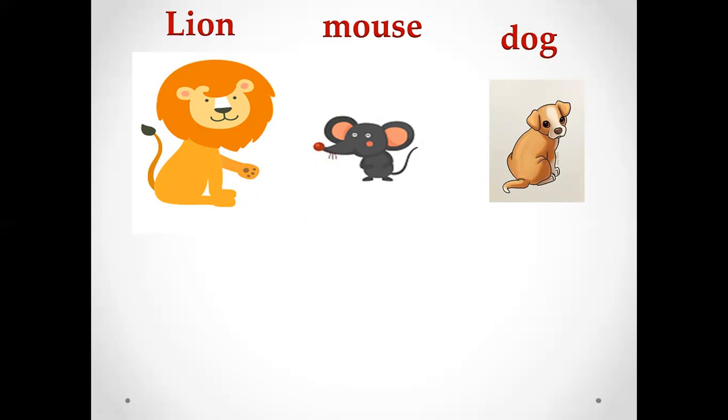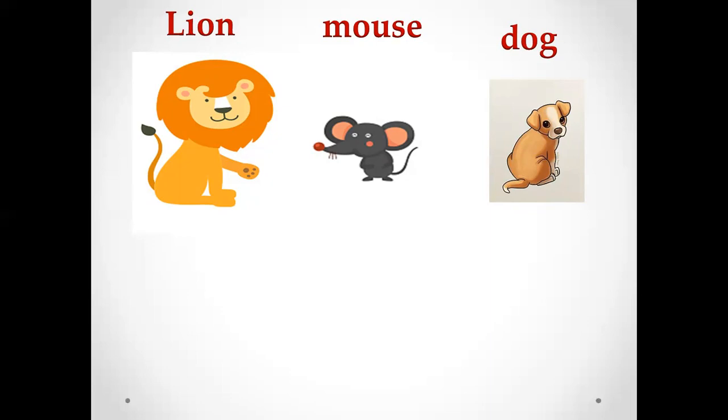If I want to compare just between lion and mouse, we are going to use comparative. Mouse and dog, comparative. But when I compare lion with mouse and dog, I'm going to use superlative.